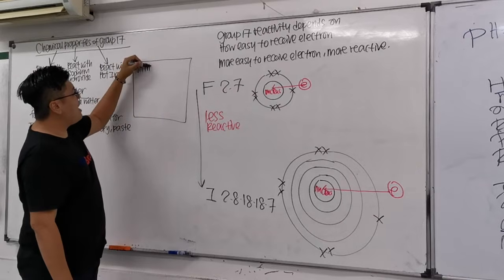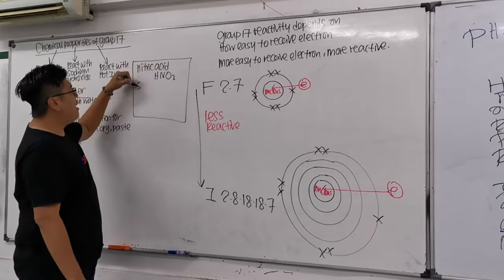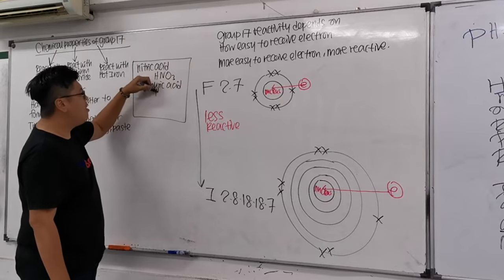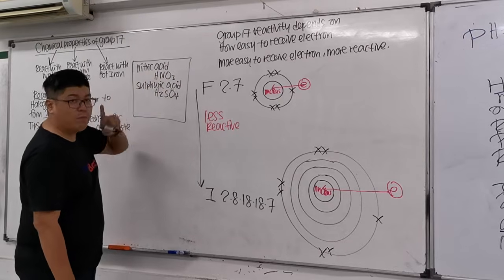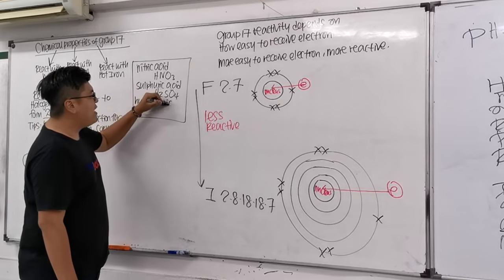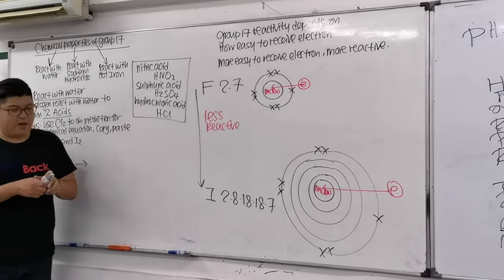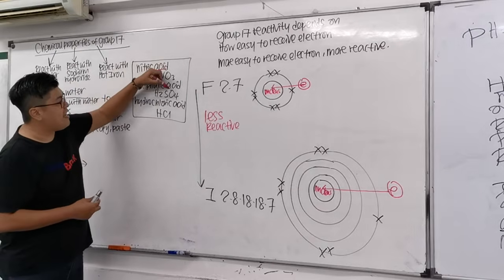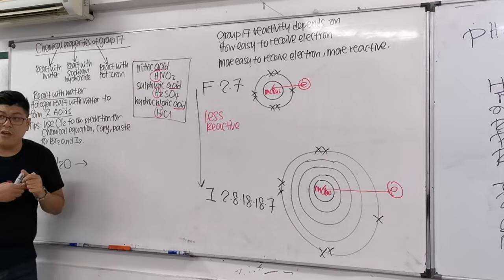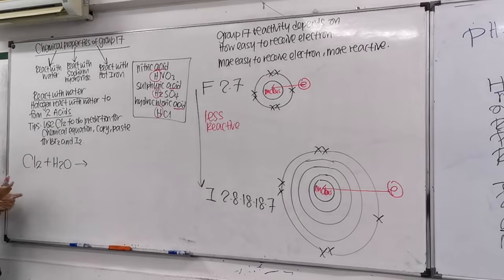Nitric acid, I asked you to memorize in Chapter 3, HNO3. Sulfuric acid, if you are good at memorizing, formula H2SO4. One more super famous acid, hydrochloric acid, formula HCl. What do you see in common? All the acids start with H. Understand? So you want to form two acids.